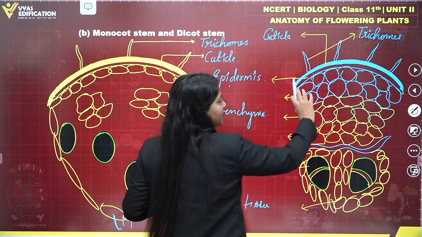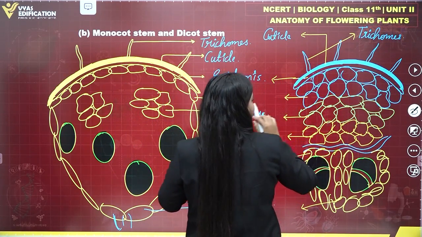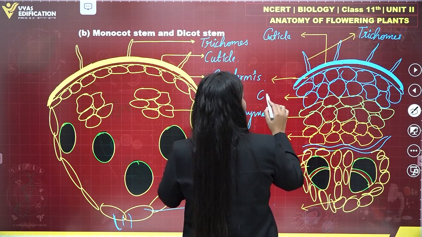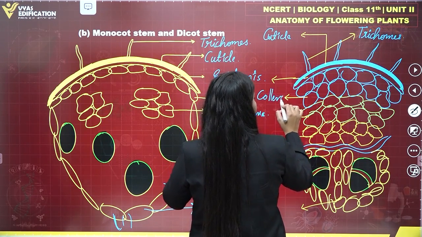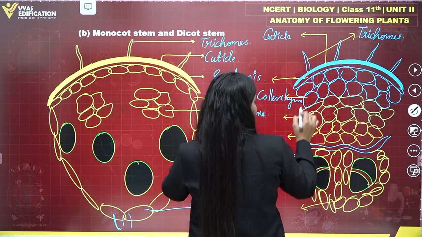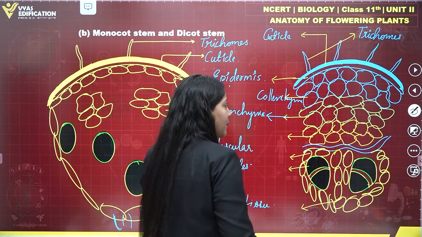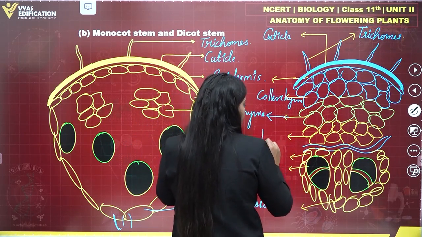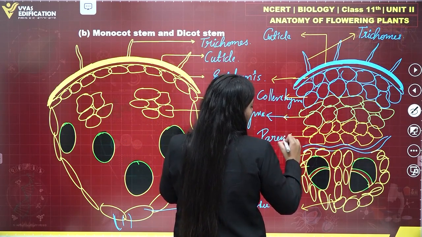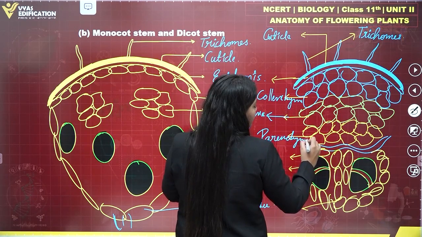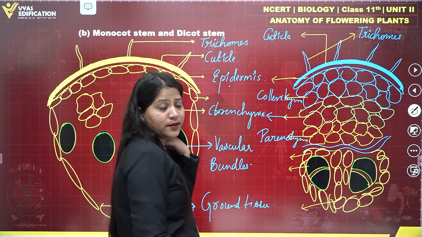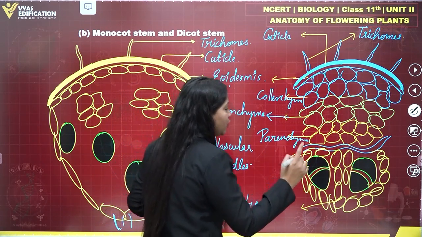Then we have this layer as collenchyma. This one layer is chlorenchyma. Then we have a layer of parenchyma, which is a living tissue which stores food, of course. Then we have endodermis.